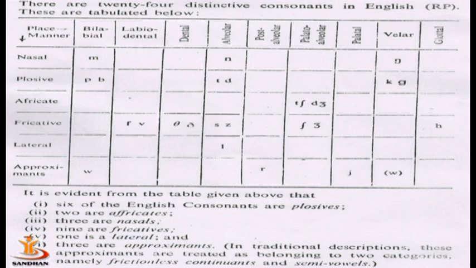Z as in zoo, zip, zone, zero, zoology. S as in sun, some, but not so. Sh as in shape, because when you come to palato-alveolar fricative, you will see that we have got sh and zh.